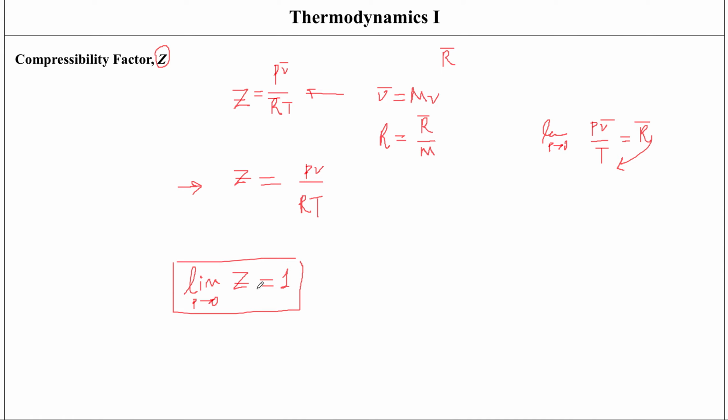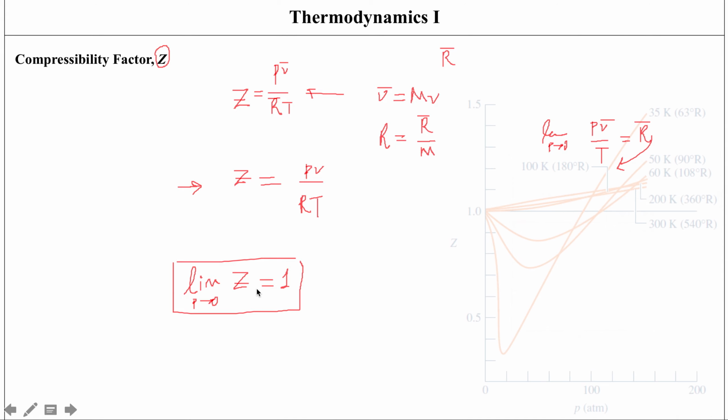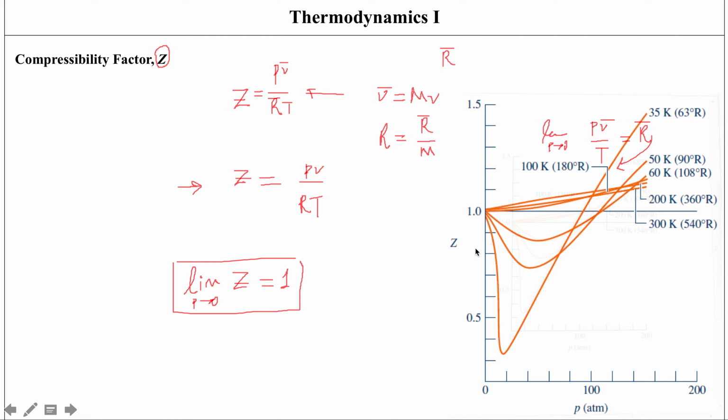So if we have to verify this, we could just look at this diagram over here, which represents basically the variation of the compressibility factor for hydrogen. We're just looking at hydrogen over here, for different temperatures now, different constant temperature lines.